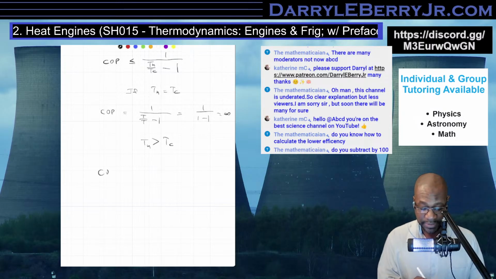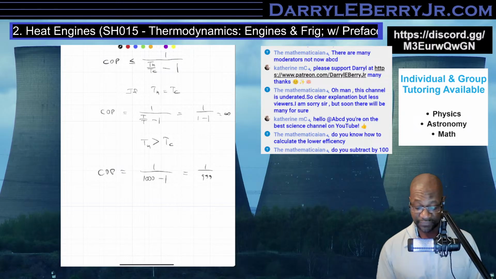So the COP will be 1 over, let's say it's 1,000 times bigger, 1,000 minus 1. So this is going to be 1 over 999. So the efficiency is going to be very small. So the bigger the difference in temperature, the less efficient it's going to be.